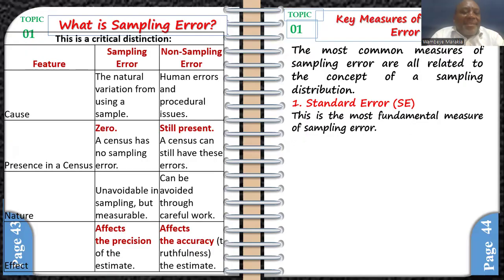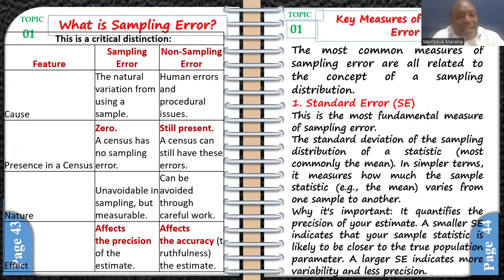In a census of the entire population, the sampling error is 0 because we don't have any sample. But the non-sampling error can still be present in a census because of human errors.